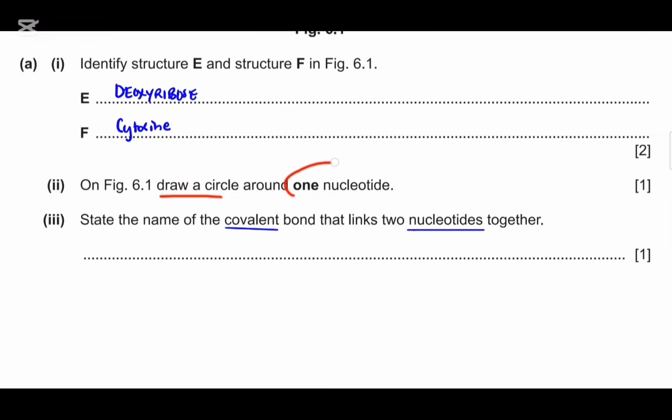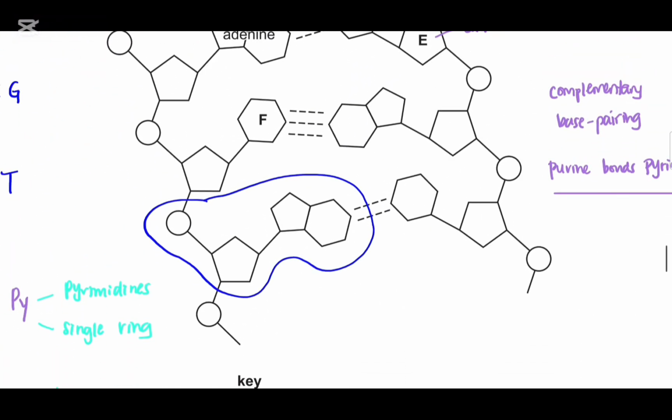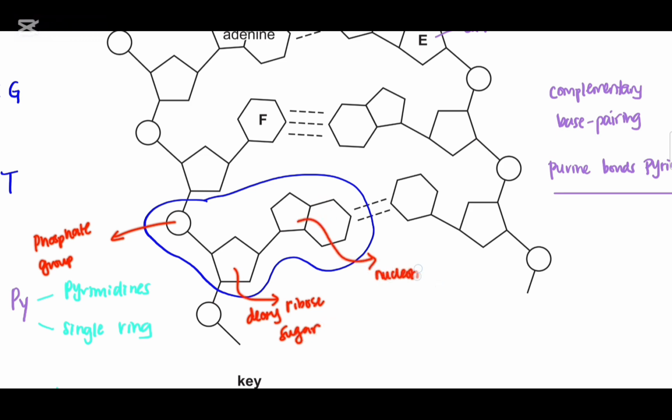Draw a circle around one nucleotide. So this is how we can draw the circle. This is one nucleotide. Why? Because a nucleotide will always have a phosphate group, in this case one deoxyribose sugar, and then the nitrogenous base.